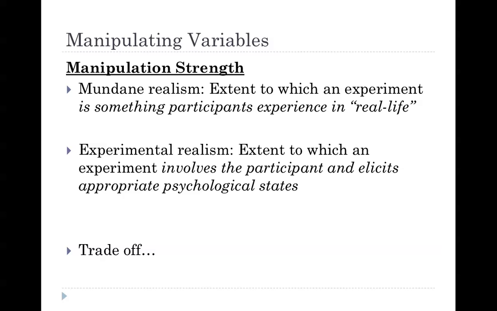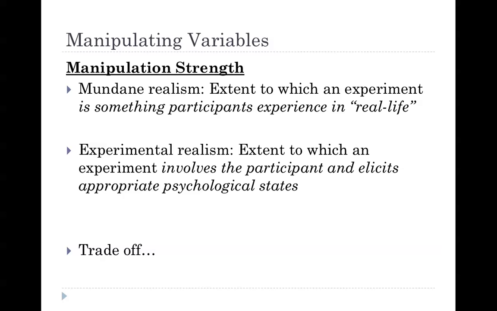And did they have the appropriate psychological state elicited, such that they were conforming to the researcher's demands to shock the Confederate? In that sense, very much yes. It has good experimental realism because participants enmesh themselves in the experiment. They began following every order given by the researcher, and thus the researcher appropriately elicited the desired psychological state.